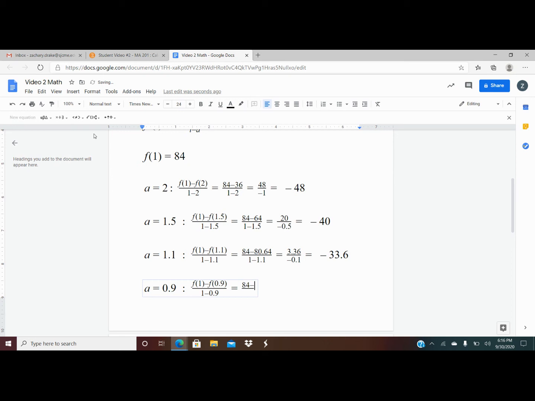And 0.9 squared is 0.81. Multiply that by 16, we get 12.96. Subtract that from 100, we get 87.04, over 1 minus 0.9.